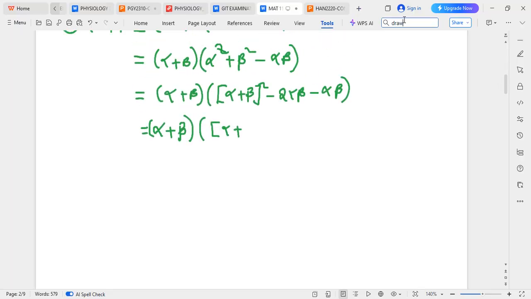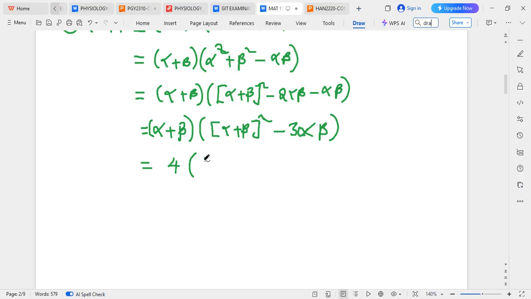So we come back here and we are putting alpha plus beta squared minus 2 alpha beta minus alpha beta, that is 3 alpha beta. Where there's alpha plus beta, remember that's supposed to be a 4, and then open. Where there's alpha plus beta again, there's going to be a 4. That's 4 squared minus 3.